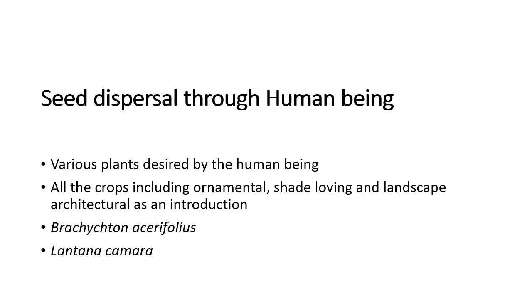On the other hand, some weedy species are also introduced by human beings, including Brachychiton acerifolius, Lantana camara, mesquite, that is known as Prosopis juliflora, Prosopis glandulosa, and then a variety of other species.